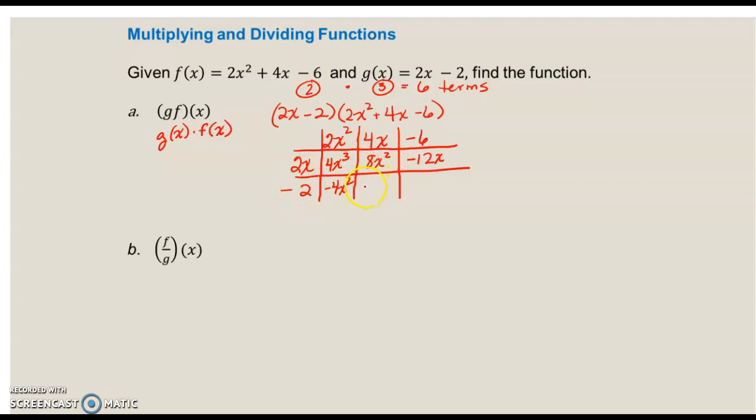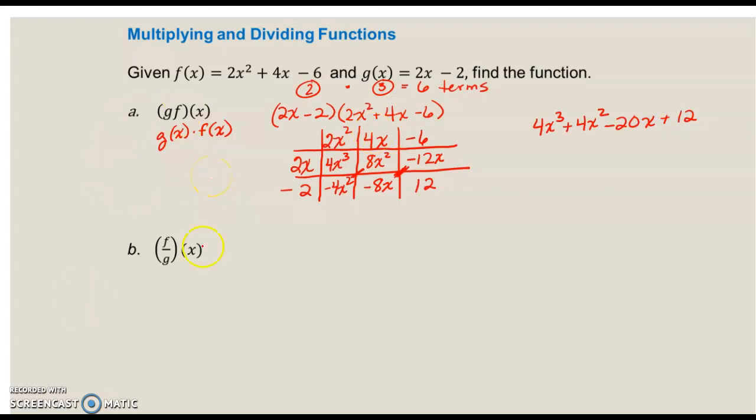Negative 2 times 4x is negative 8x. They match up on the diagonal as well. And then negative 2 times negative 6 is a positive 12. So my total over here is going to be 4x cubed. These two right here, 8x squared minus 4x squared leaves me a 4x squared. Negative 12x and negative 8x is a negative 20x. And then we have a 12. And that is your whole multiplication.